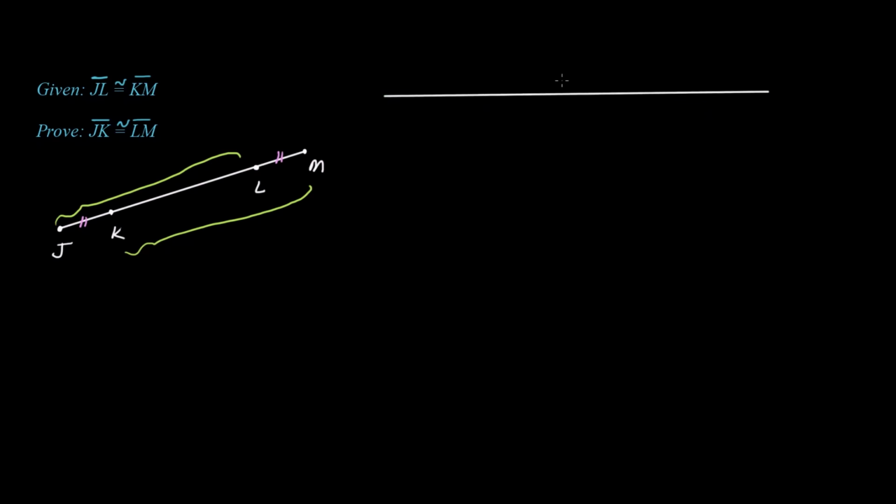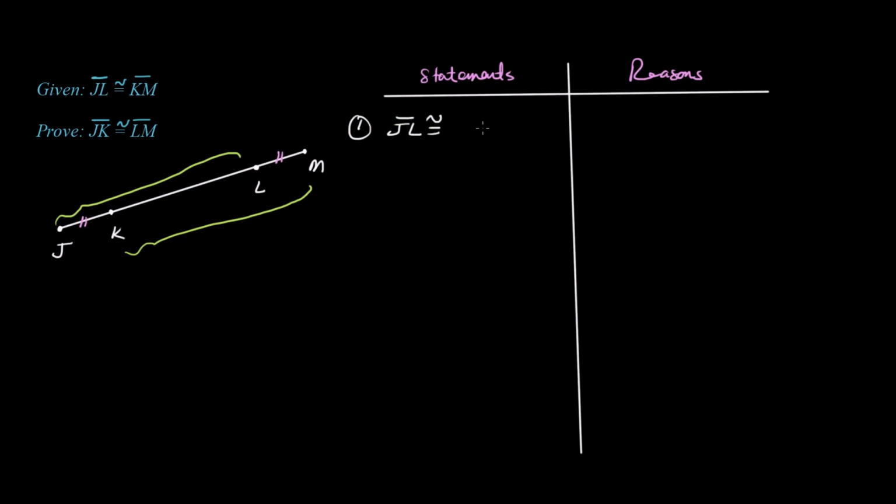So here's a two column proof again. I'm going to write statements here, and here I'm going to write the reasons. When in doubt, and you don't know where to start, you write the given. So the given information is JL is congruent to KM.